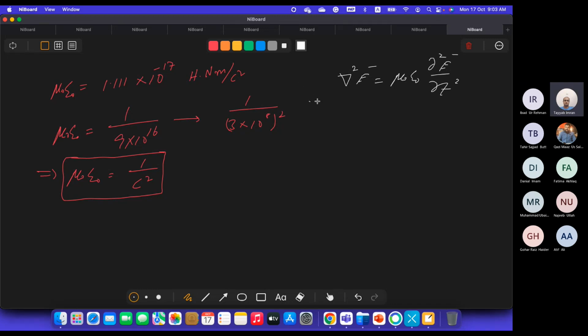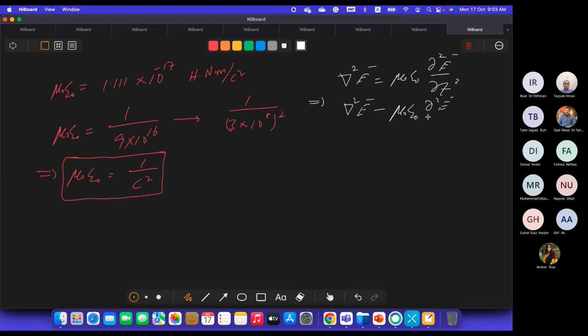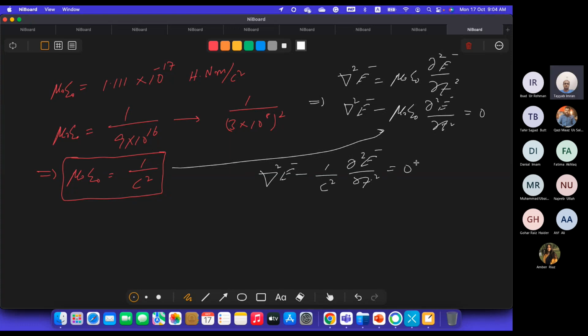So we can write it with a minus sign, and rearrange it. If this is the case and we substitute this value here, this equation will be 1 over c square is equal to 0.